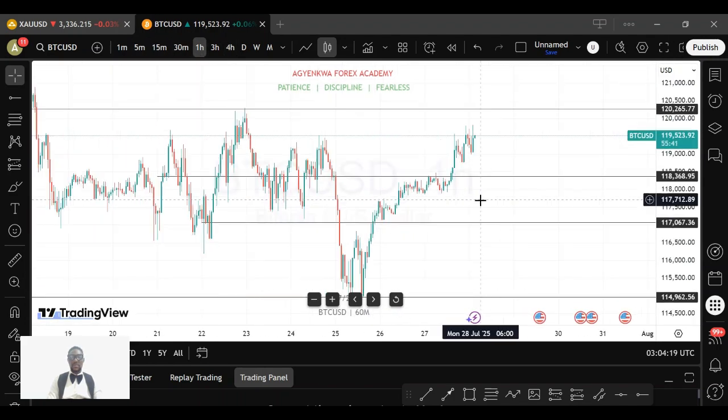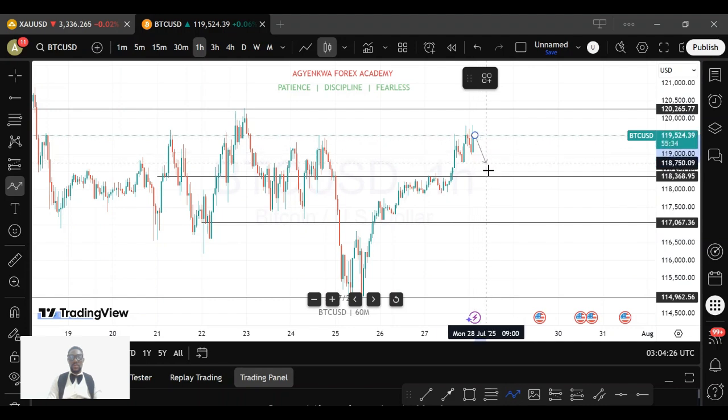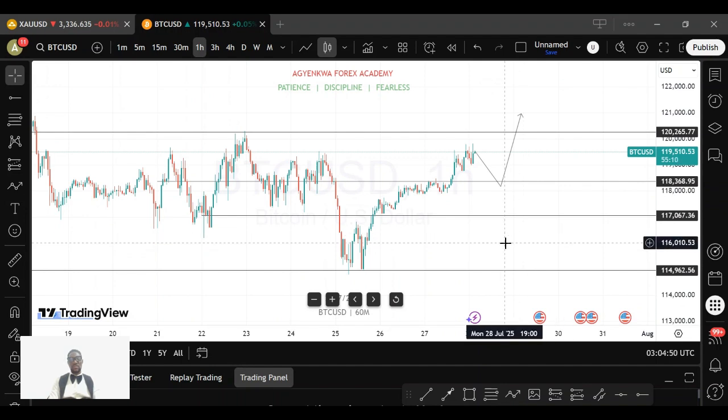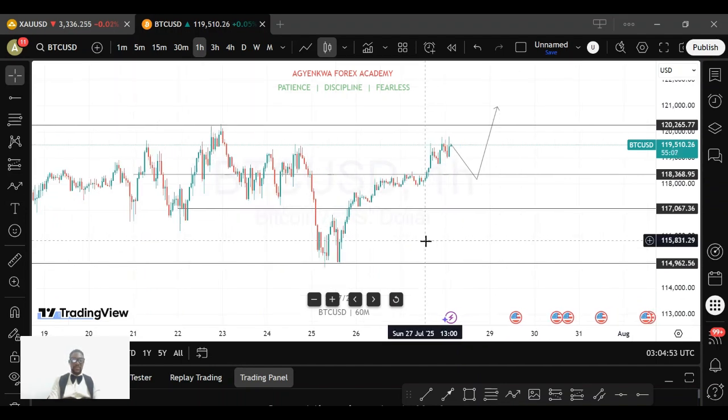We can wait for a pull either into this area or when BTC is creating higher high, higher low. We can wait for it to either liquidate these people here and then come down here for us to take advantage of the buy. So we just keep our fingers crossed and monitor to see what price will show us.